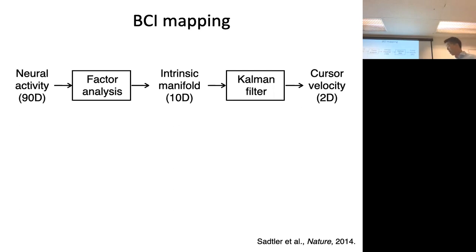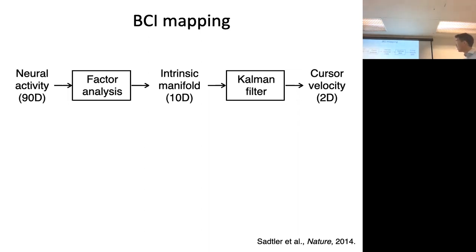Here we start off with neural activity, which is around 90 dimensional, so around 90 neurons. Factor analysis then identified a 10-dimensional intrinsic manifold from the recorded neural activity, and this number 10 was determined from the data using cross-validation.